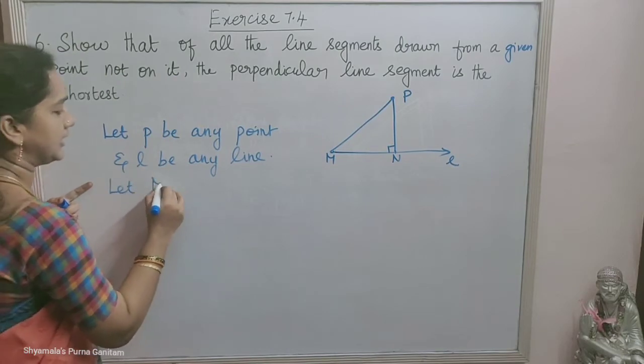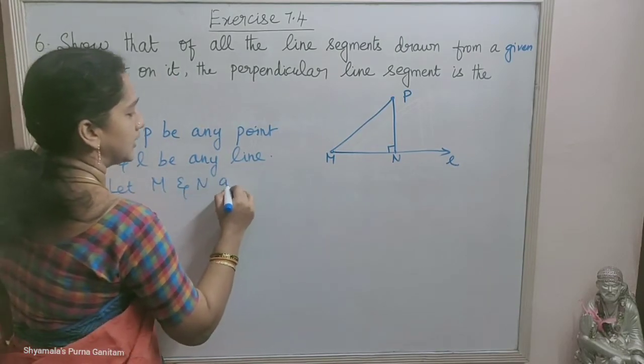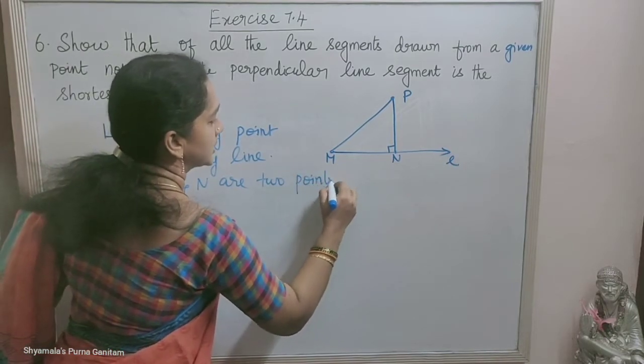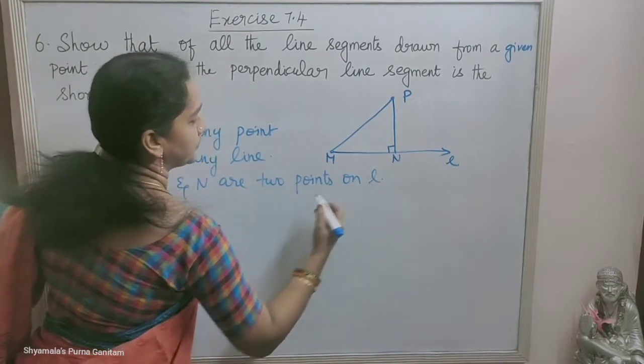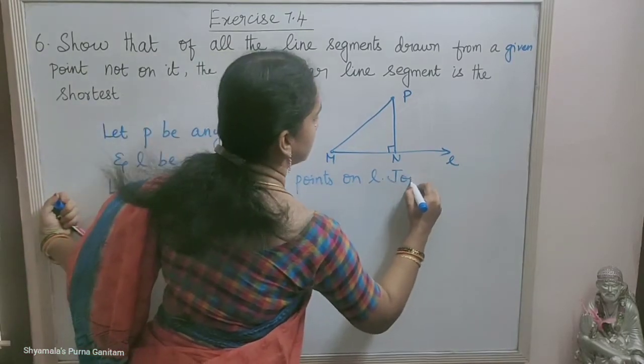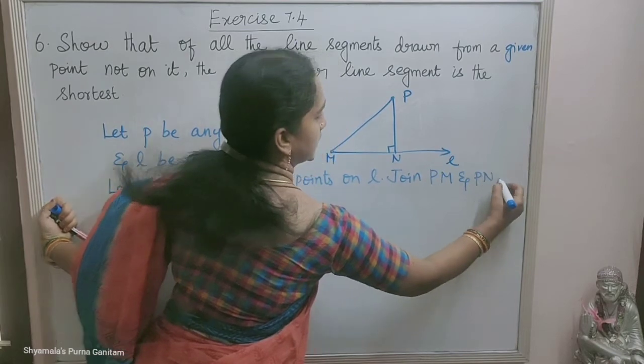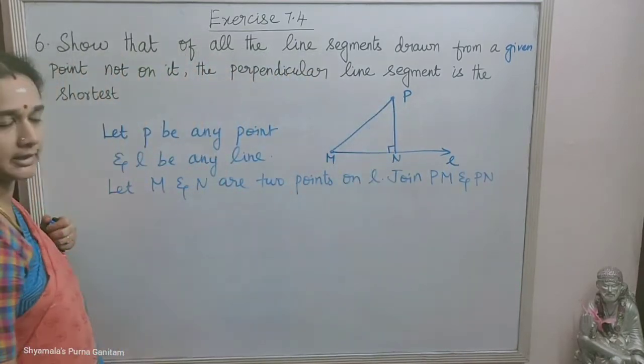Let M and N be two points on L. Join PM and PN.